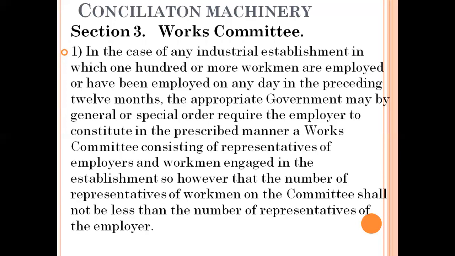In the case of industrial establishment in which 100 or more workmen are employed or have been employed on any day in the preceding 12 months, the appropriate government may, by general or special order, require the employer to constitute in the prescribed manner a Works Committee consisting of representatives of employers and workmen engaged in the establishment.